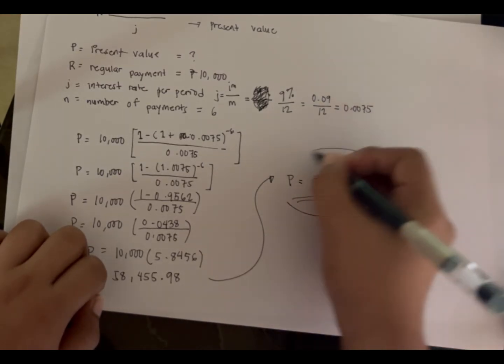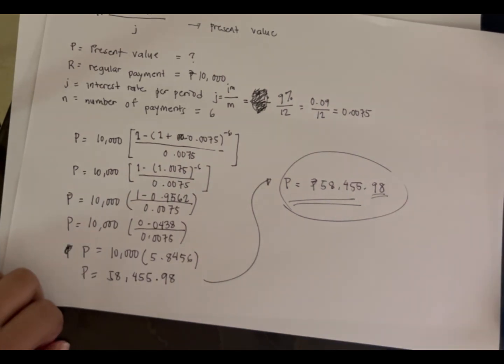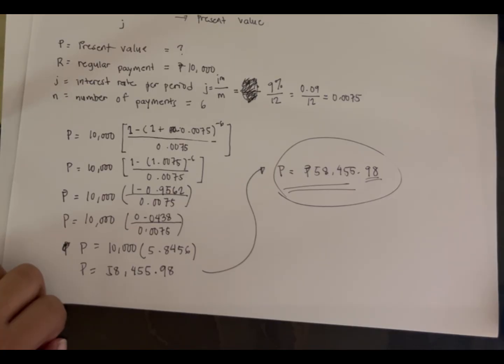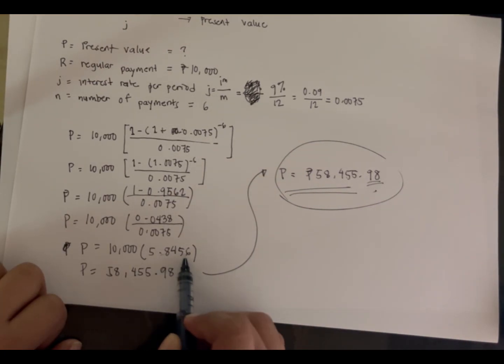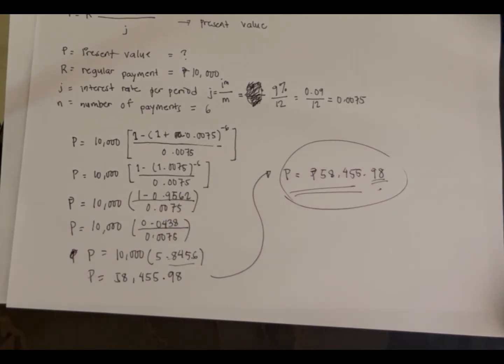Okay? Again po, sa final answer po natin, 2 decimal places na lang po tayo. So, formula po as a solution, 4 decimal places po ang kukunin. Final 2, solution 4. Okay, so the present value of the annuity is 58,455.97 pesos. And that is how you solve for the present value of a simple ordinary annuity.